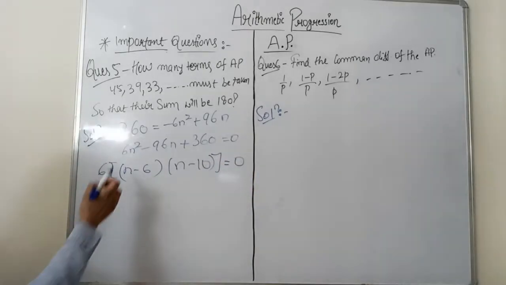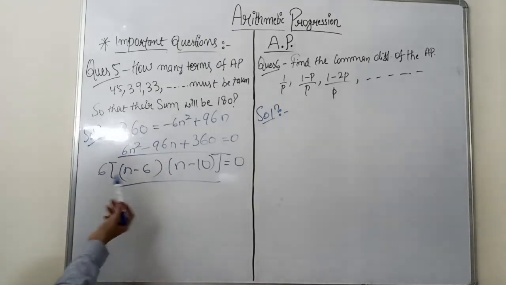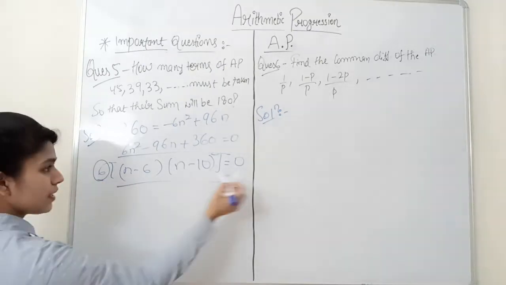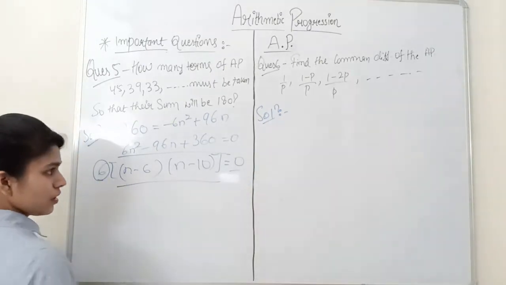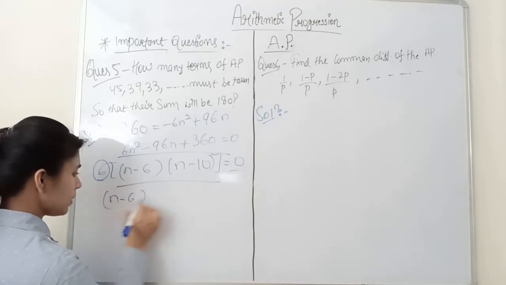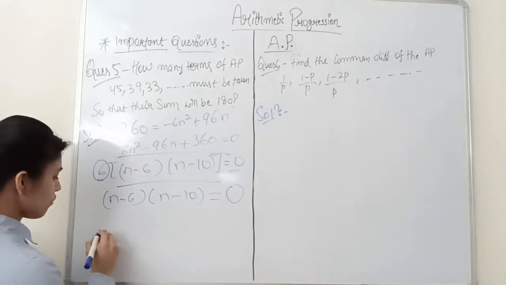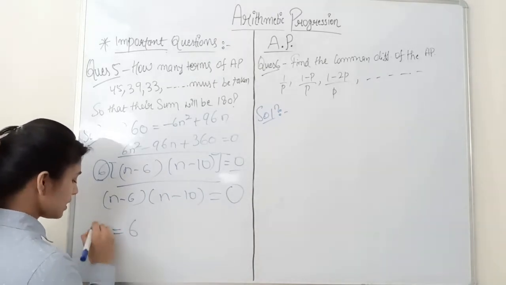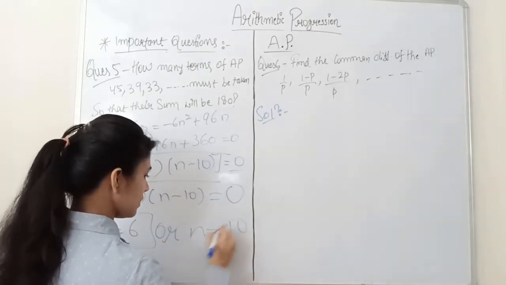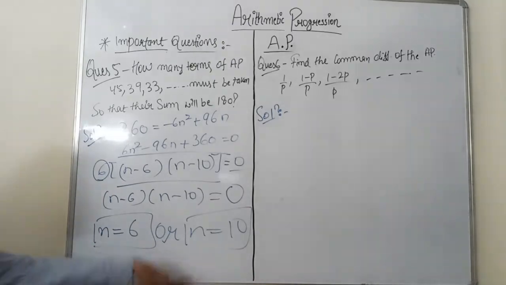We will divide this 6 by 0 with 0. So n minus 6 into n minus 10 will become equal to 0. So our value of n is 6 and 10. So values are 6 and 10.